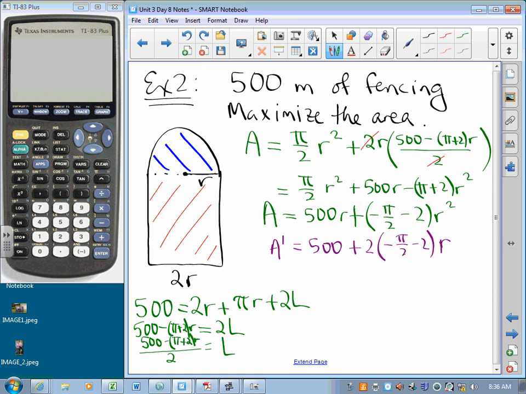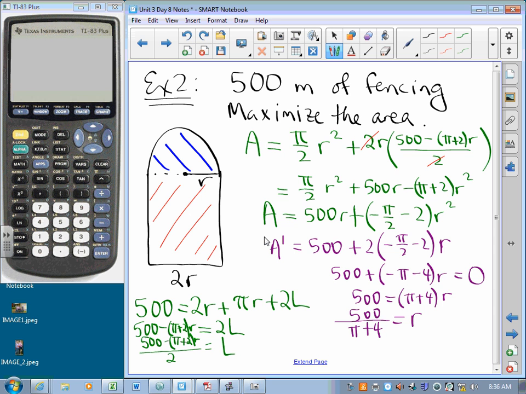So I want that to be equal to 0. I want 500 plus, let's do this right, negative pi minus 4r to be equal to 0. Which means I want 500 to be equal to pi plus 4 r's, which means I want r to be 500 over pi plus 4, and that will be the critical point for my area function.